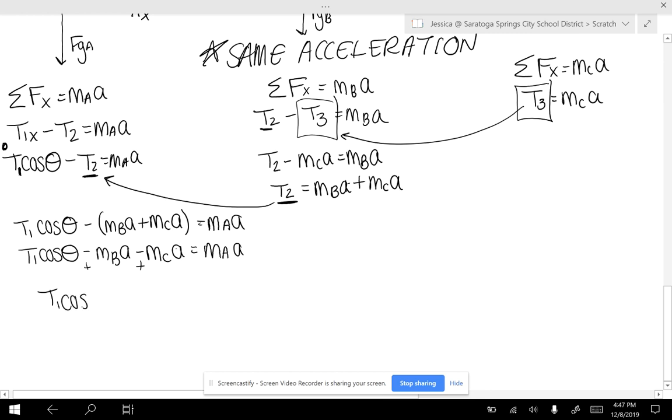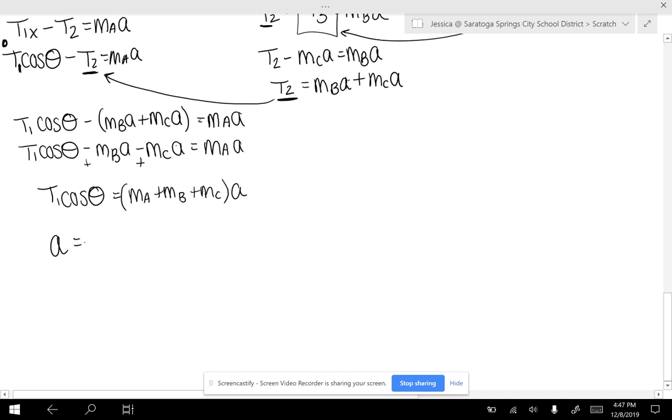So T1 cosine theta is all of those masses added together. And I'm factoring out an A out of all of them. So my acceleration is T1 cosine theta over the total mass. Okay. Oops, that should say MC.